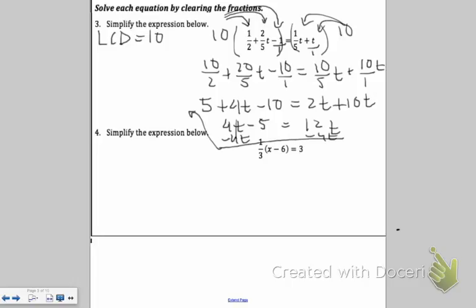So we're left with negative 5 on the left is equal to positive 8t. And now our last step to get t by itself is to divide by 8. And we get t equals negative 5 over 8.